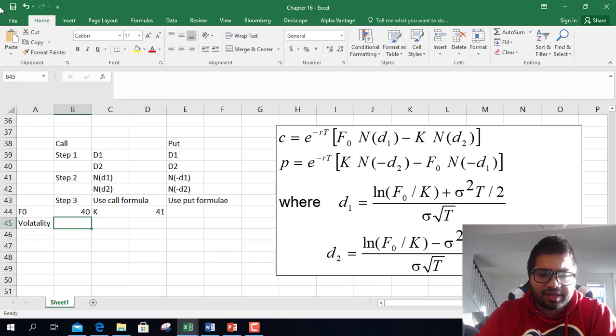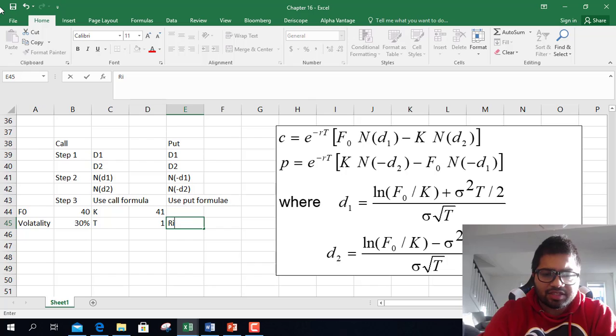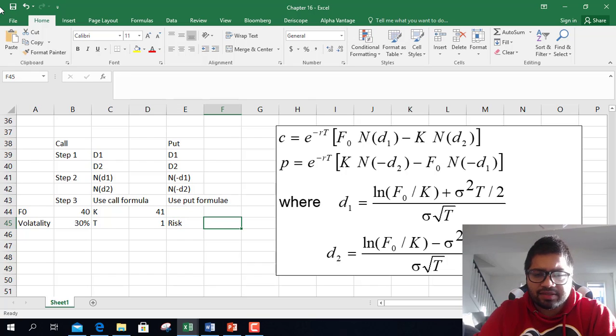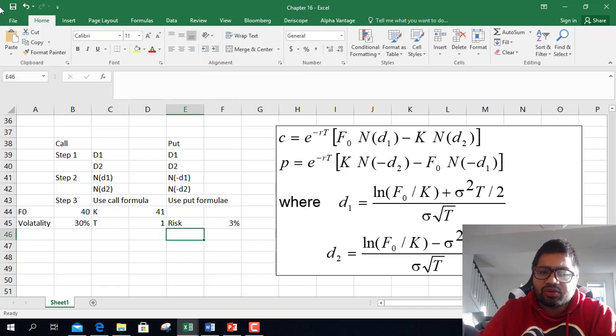Volatility, that is sigma, is 30%. Time is 1, and the risk-free rate is given to be 3%. Now based on that, we are going to calculate the price of the call option and the price of the put option. So let's do call first.